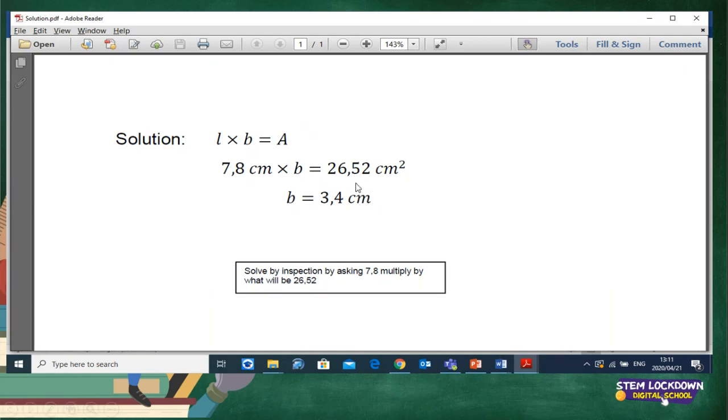Definitely, it will give you 26,52. So this tells us that our answer is correct, because when you check, it gives you the original area which was given in the beginning when you multiply your length times the breadth. I hope that it makes sense.